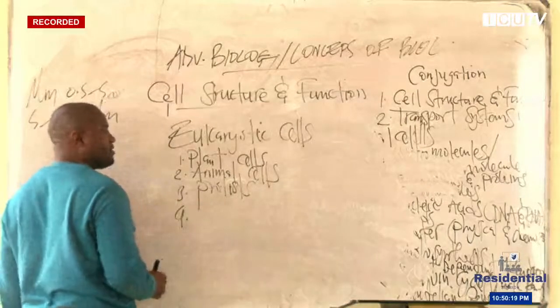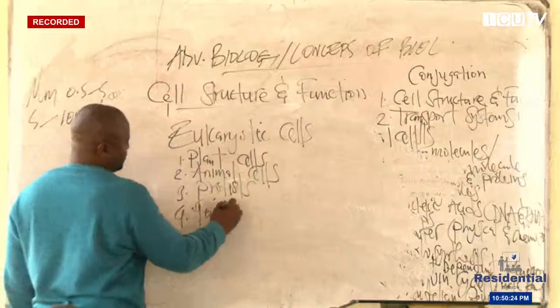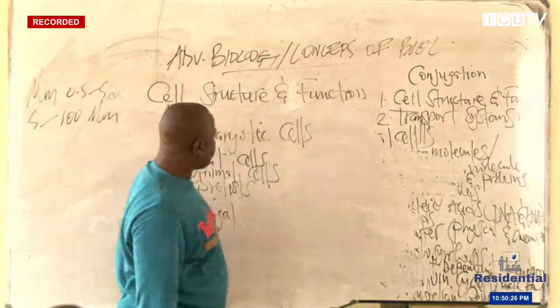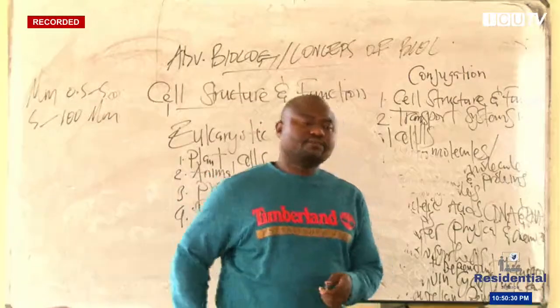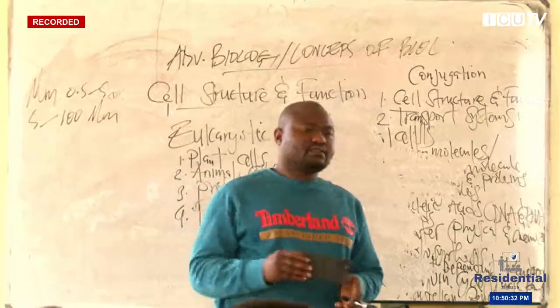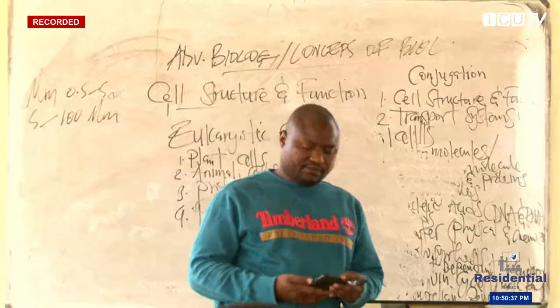Four, we can also talk about the fungi. Those are the examples of eukaryotic cells.